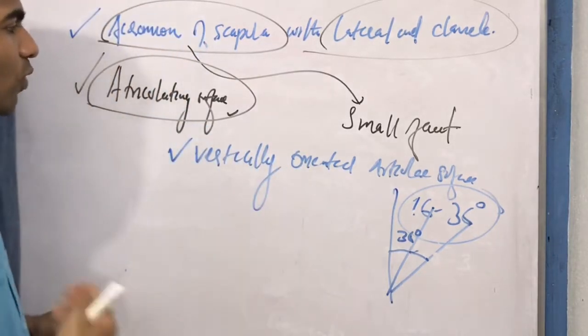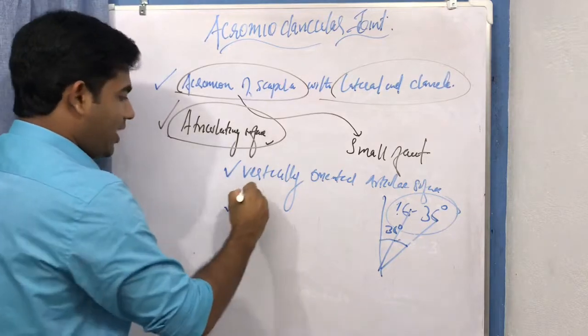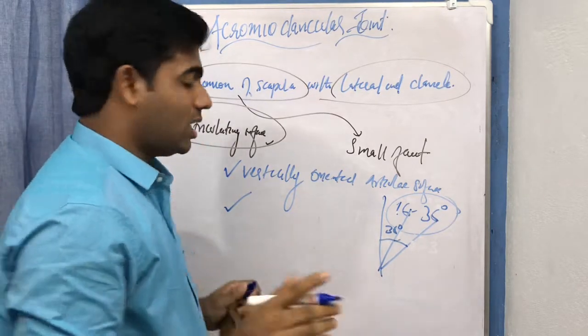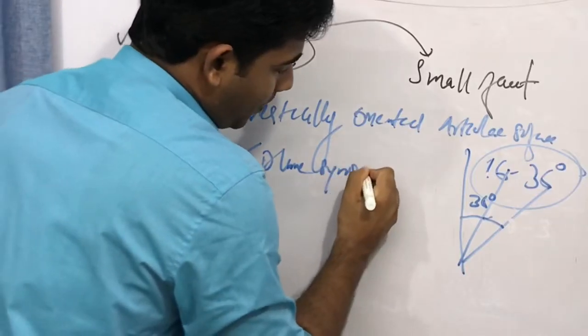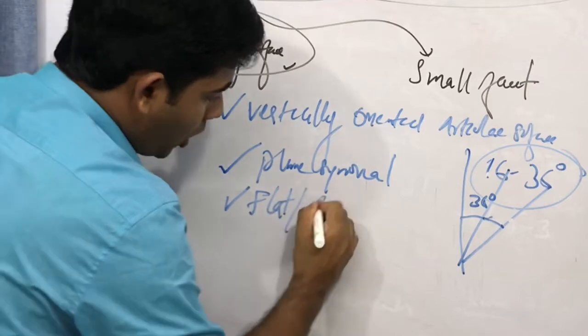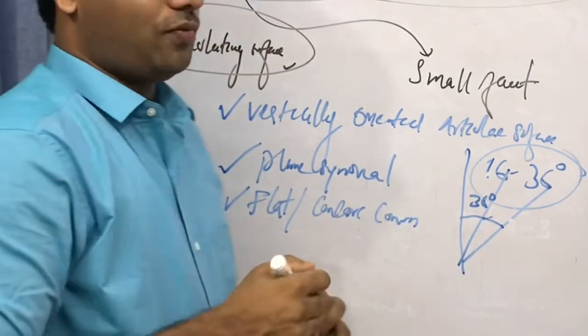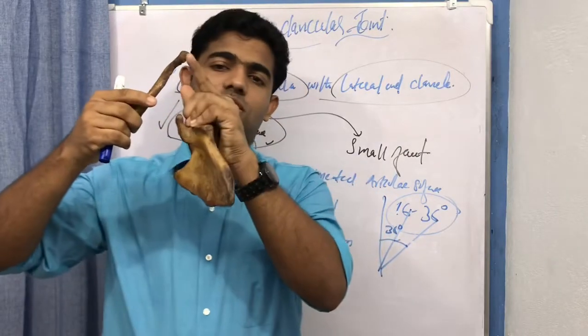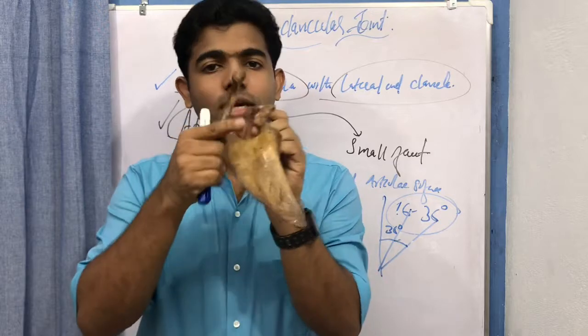Now, we need to look further into the joint. We see that the joint is a plain synovial joint. We already discovered that. Now the articular surfaces may be flat or concave-convex. That is, the articular surface at the lateral end of the clavicle and this one would be mostly plain like this.